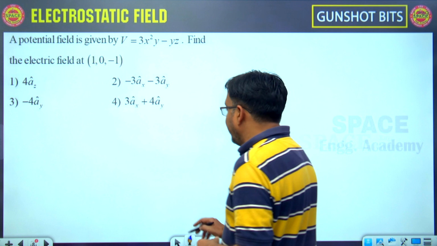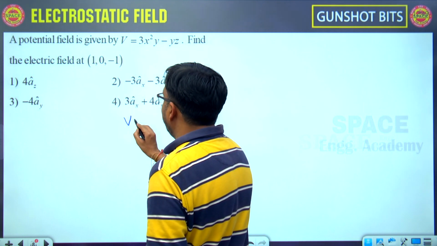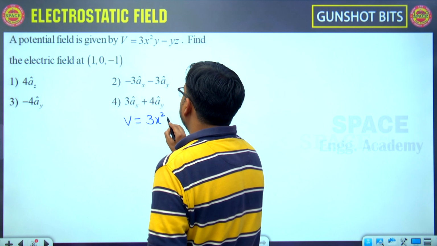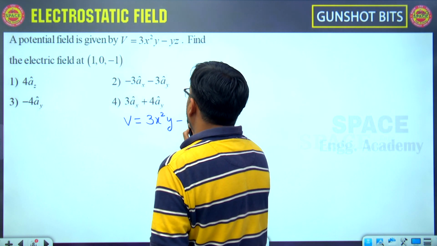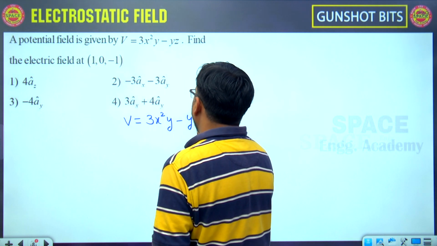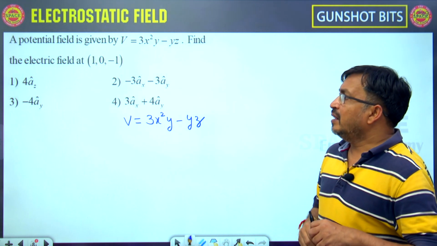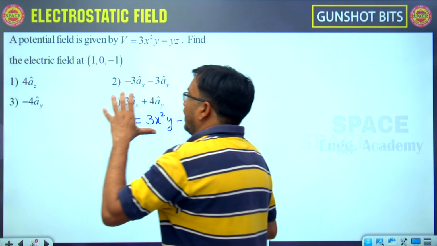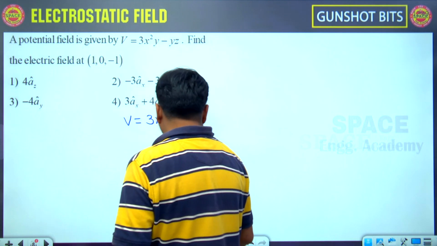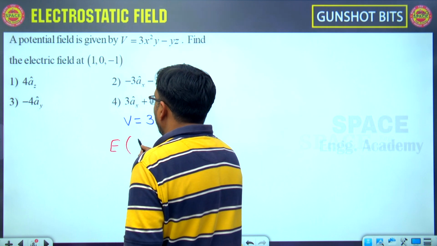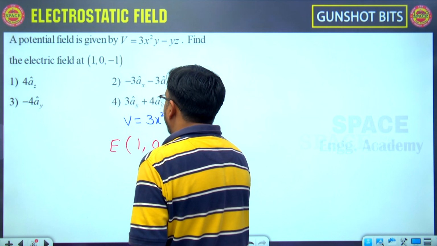V equals 3x square y minus yz, this is the potential. Then it is asking for the electric field at 1 comma 0 comma minus 1.